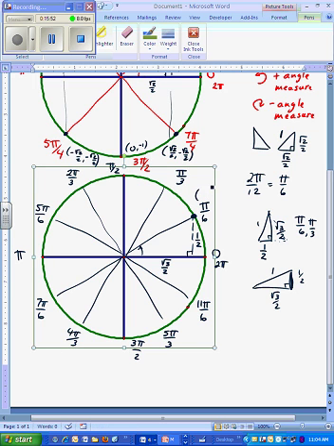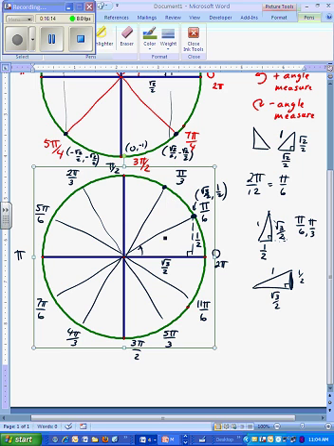The coordinates of this point, that didn't change for me, would be square root of 3 over 2, 1/2. That would be that point in there. Now if I go to pi over 3, my drawing is going to get really messed up if I keep on drawing on it.